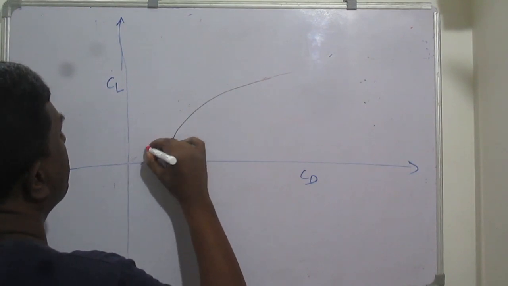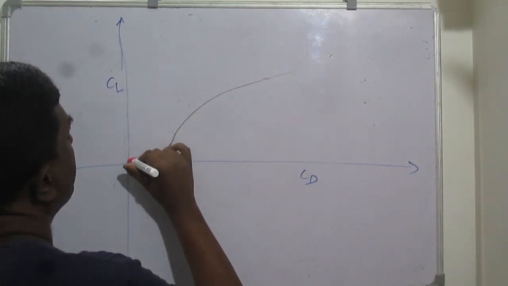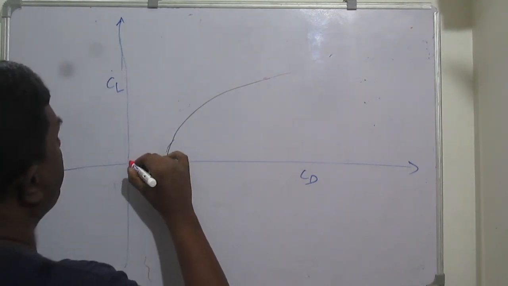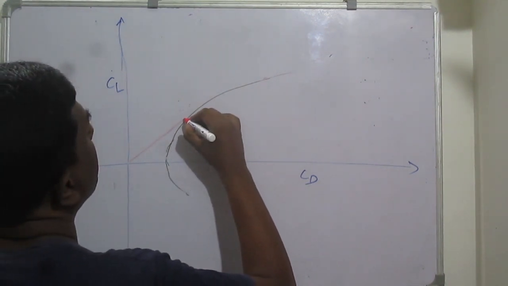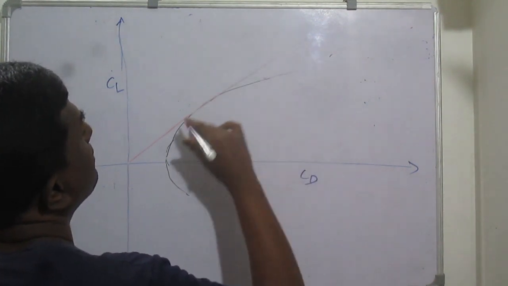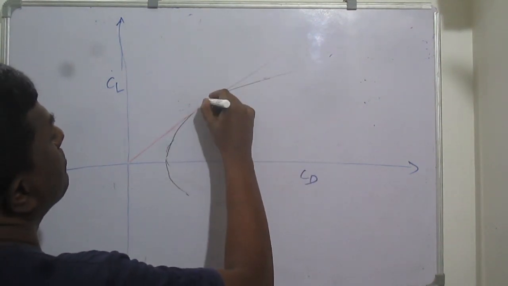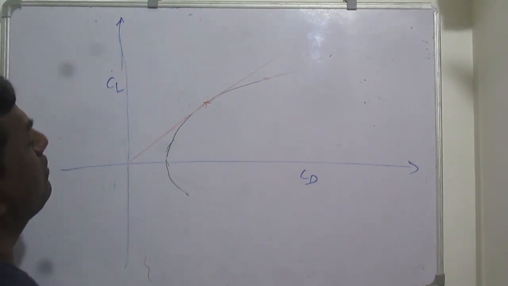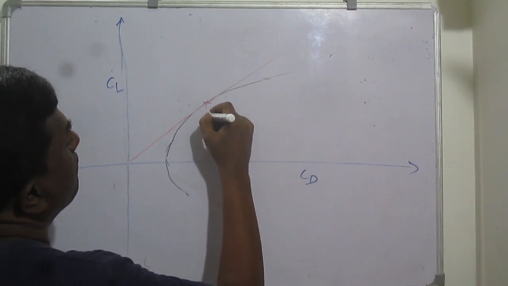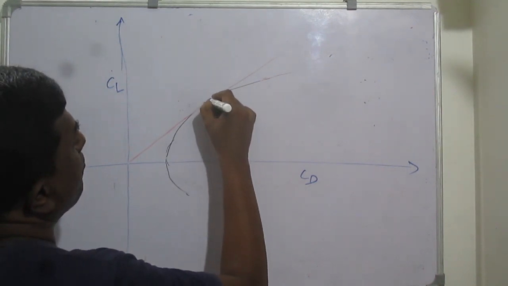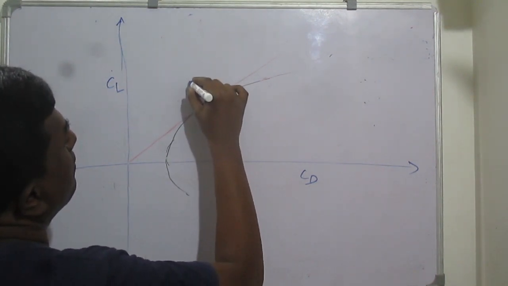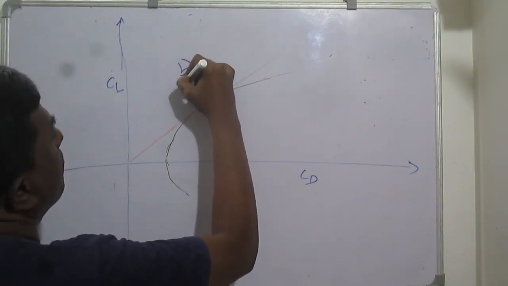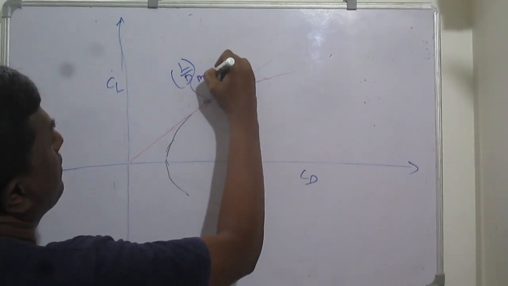If you draw the tangent to this curve, then this point only will give the best L by D ratio. That means L by D maximum.